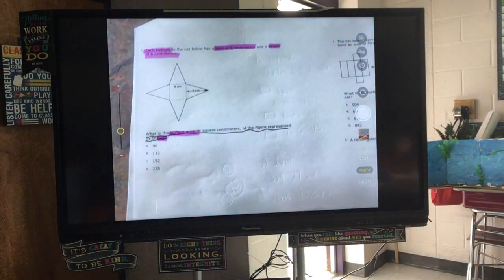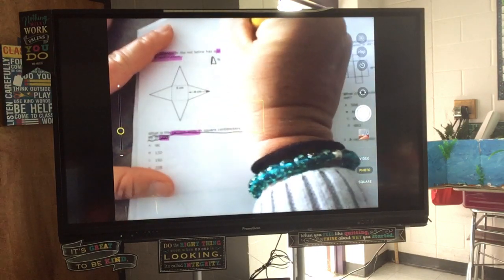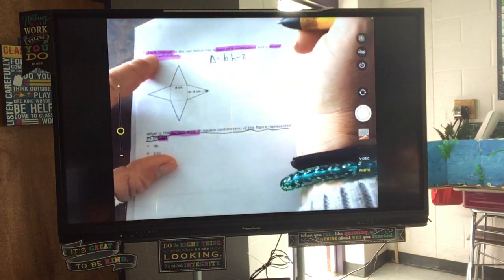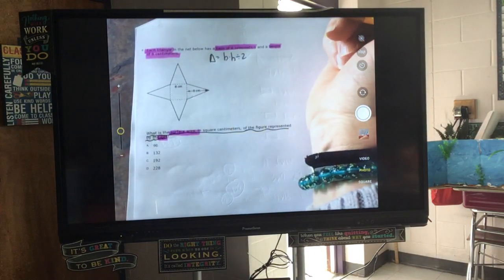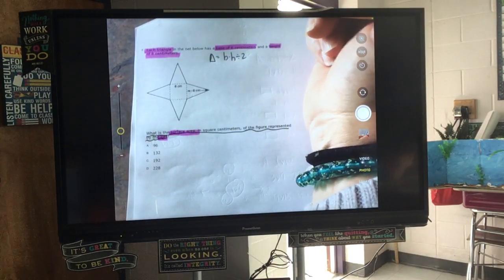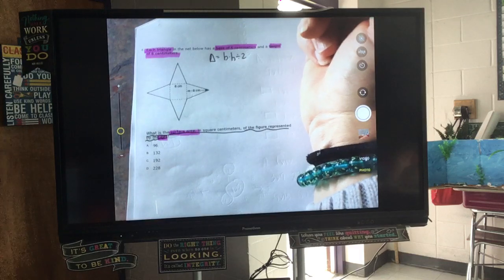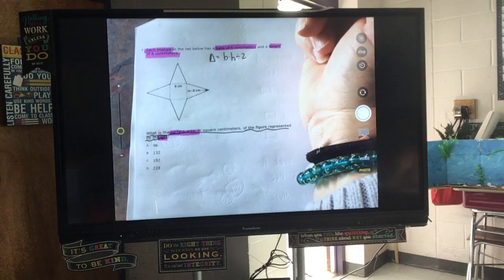All right, so we have a triangle, obviously, because it tells us up here that each triangle, so we're going to use this formula. But then what is our base? What is our base, and how do we know what our base is? Lily? 6 centimeters, because it says that the base is 6 centimeters.